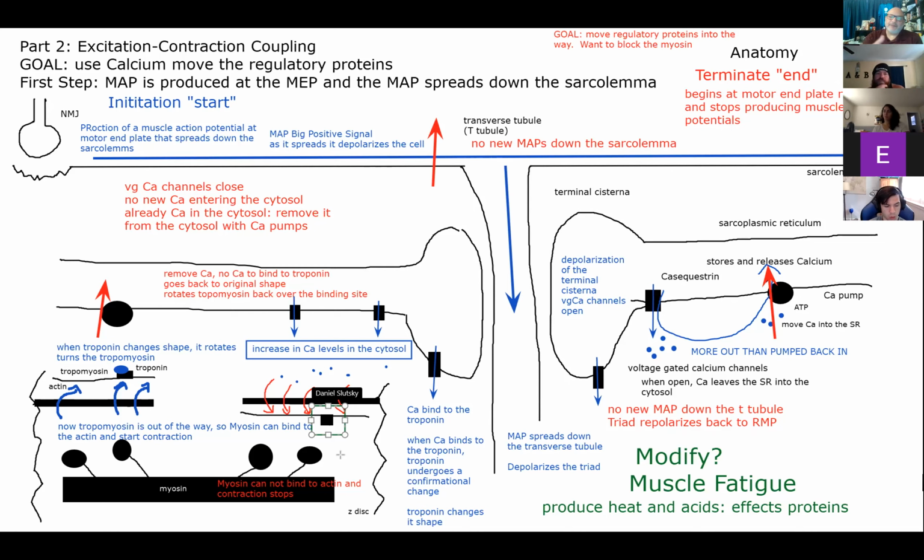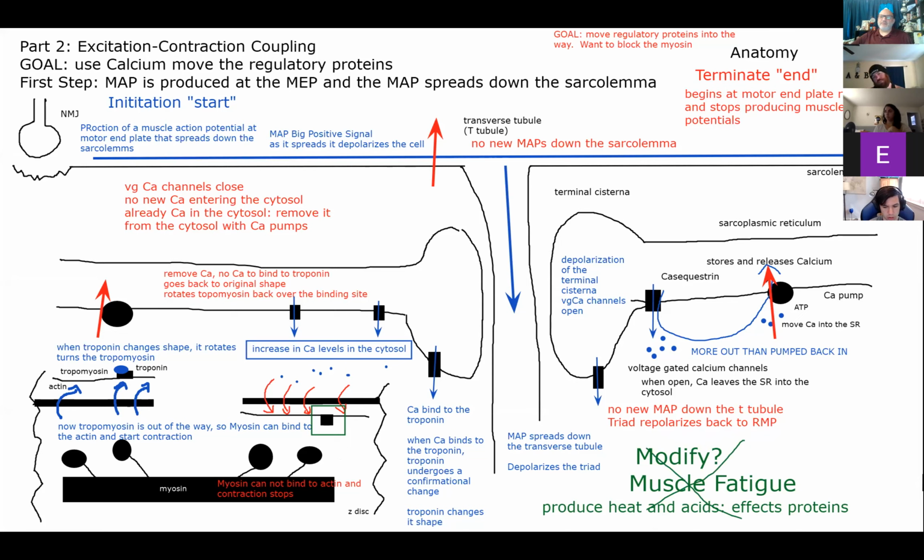So just something as simple as a little change in the shape of the troponin can affect the efficiency of this process. Like I said, muscle fatigue will definitely be something we talk about, and a potential essay question, but when we're talking about muscle contraction, we're not going to worry about modification as an essay question there.